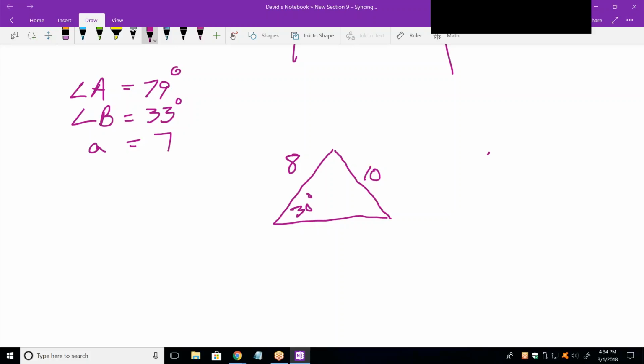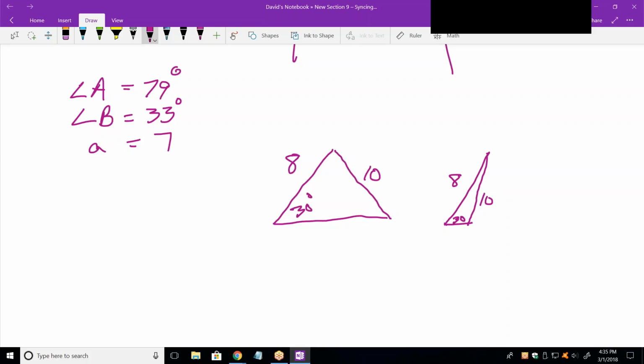But there are actually two triangles that fit that exact same information. So there are certain triangles, if they're angle side side, where you might have two solutions. It's called the ambiguous case because you don't know which one they're really talking about.